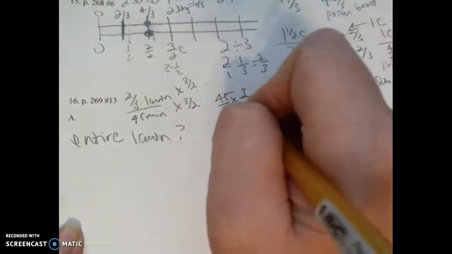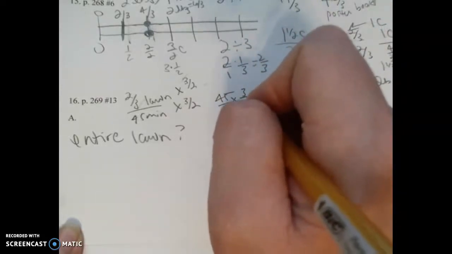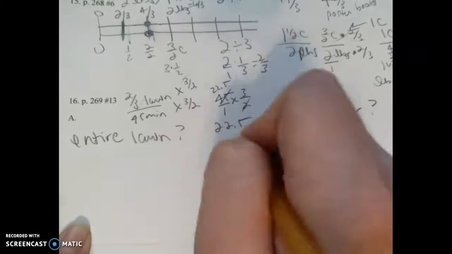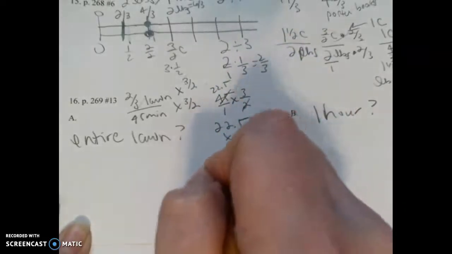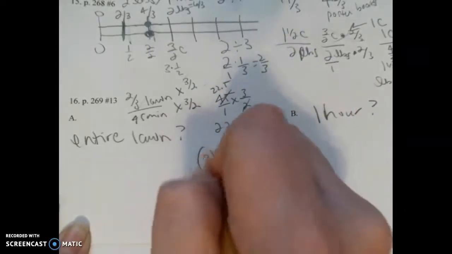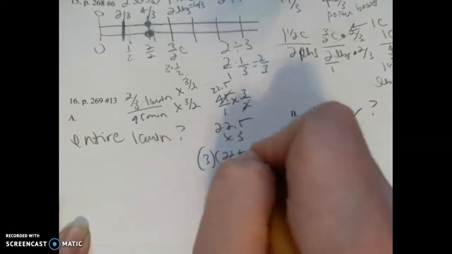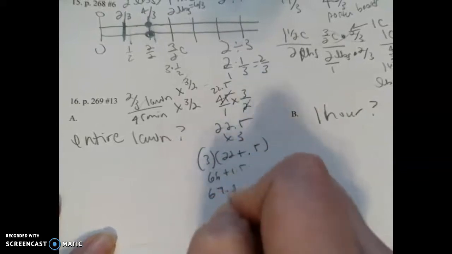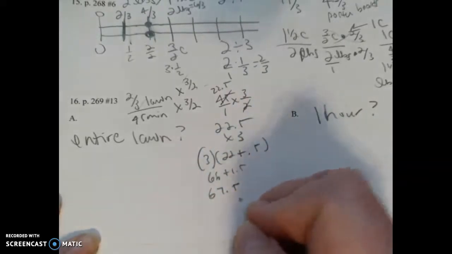Without a calculator, lovely. This would be 22.5 times 3. If I do the distributive property, that'd be 22 plus 0.5. So that is 66, and then half of 3 is 1.5. So is that 67.5? Is it minutes?